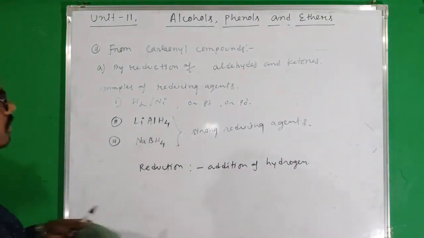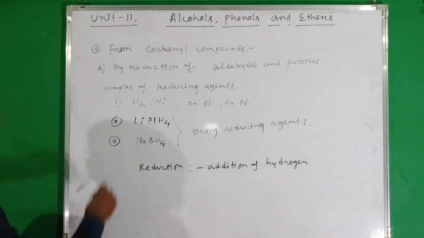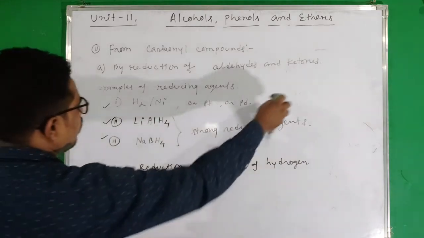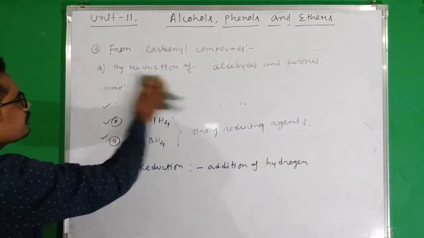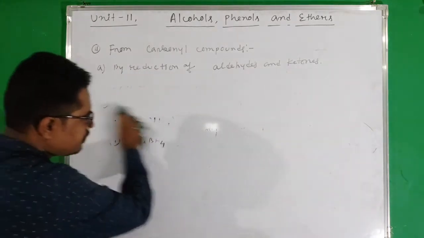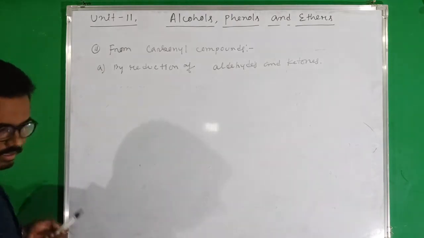Now we will convert aldehydes and ketones into alcohols by using these reducing agents. You have to know that in case of aldehydes and ketones, one carbon oxygen double bond is present.